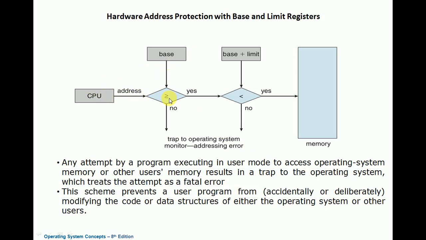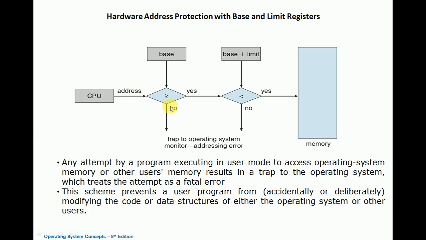If it is not greater than or equal to the value stored in the base register, then it results in a trap to the operating system. It means the CPU is trying to access memory which is allocated to some other process, or it is trying to access the operating system's memory, which should not be allowed because we need to provide protection. A process should not be allowed to access either the operating system's memory or any other process's memory. The CPU must access only the memory which is allocated to a process.